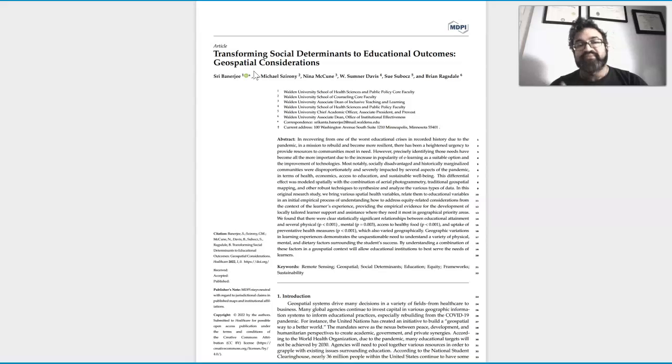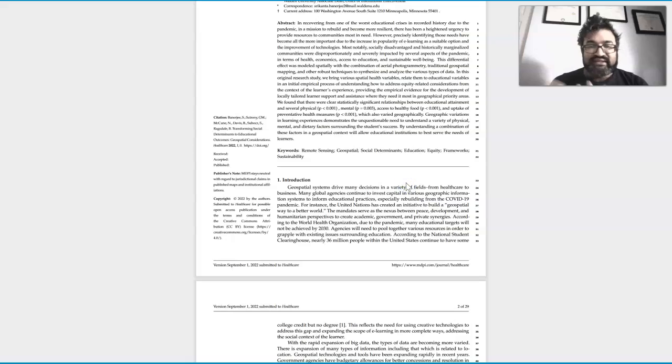What we did is we proceeded to identify some of the most dominant geospatial systems, and first try to give a sense of how COVID has affected us educationally.